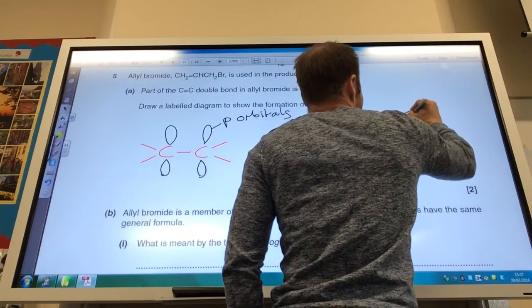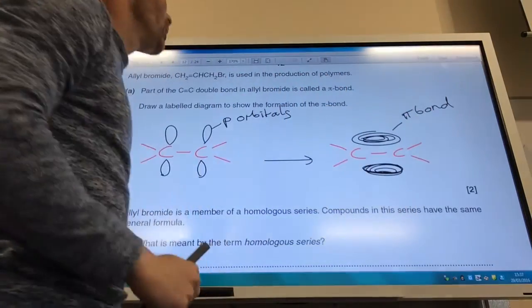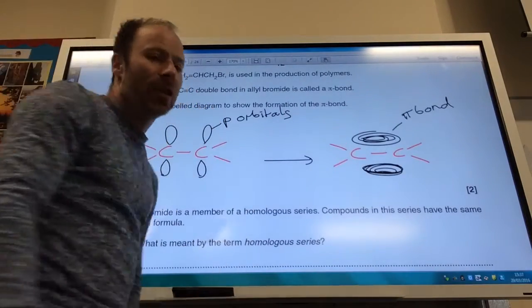So again, label this up, pi bond, and you may want to state the p orbitals overlap above and below the carbon sigma bond to give you a pi bond.